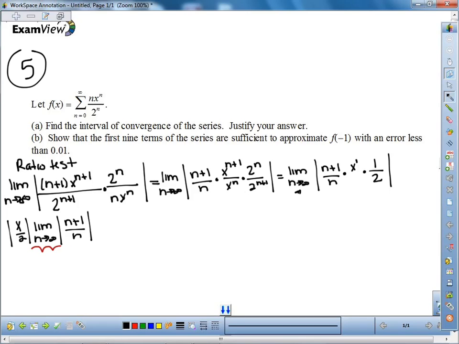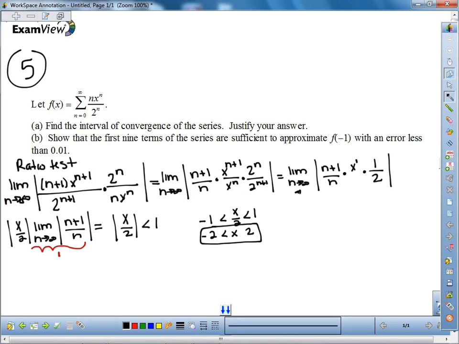Notice that the rest is going to go to 1 as n goes to infinity. So I get the absolute value of x over 2. Since we used the ratio test, we want this to be less than 1. So my radius of convergence is going to be between negative 2 and 2.